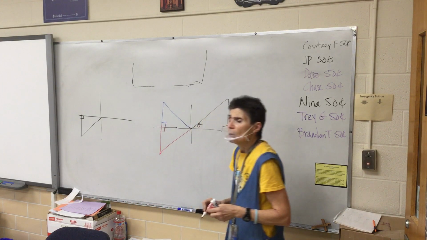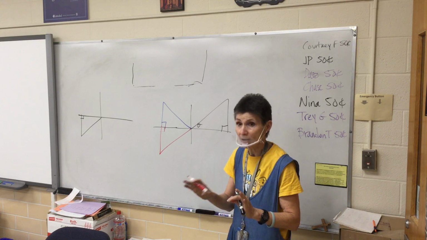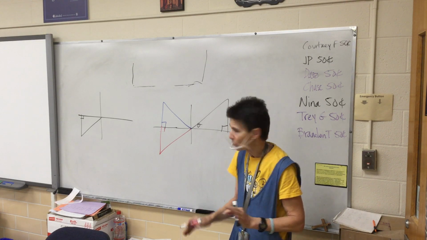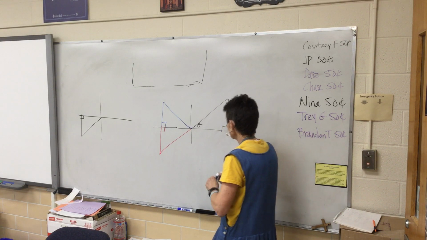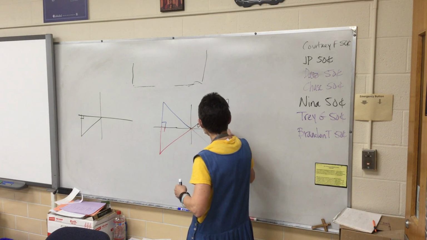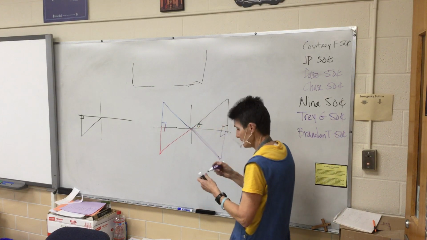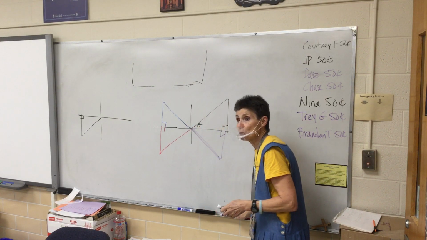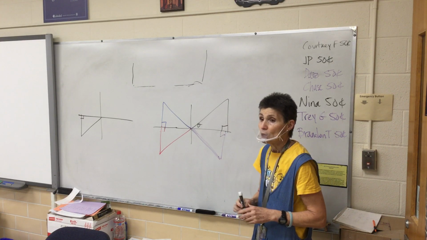Now, once in a while, you'll have a problem where you're going to draw them all, but usually you're only drawing one of these. And in quadrant 4, we have the purple triangle. So depending on where you are, those are the triangles that you'll draw.